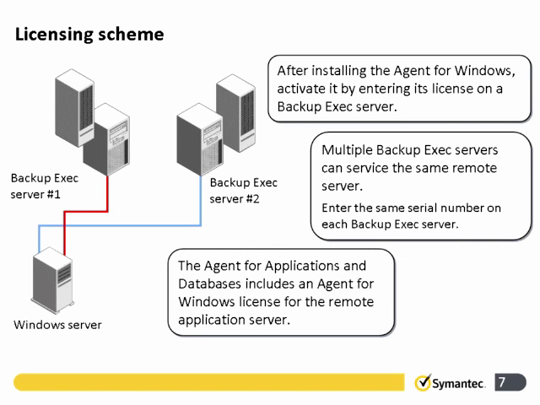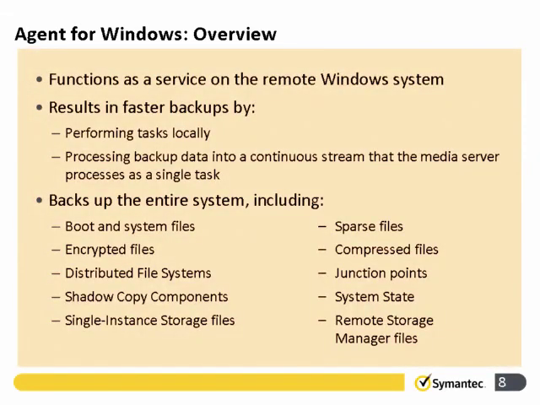Either way, all the Backup Exec servers can back it up. So the agent for Windows functions as a service, and when we look at services, you'll see the agent for Windows there. It performs all the tasks locally, and it can gather up any of the data that's on the local machine. Anything that's on the list you see on this slide.